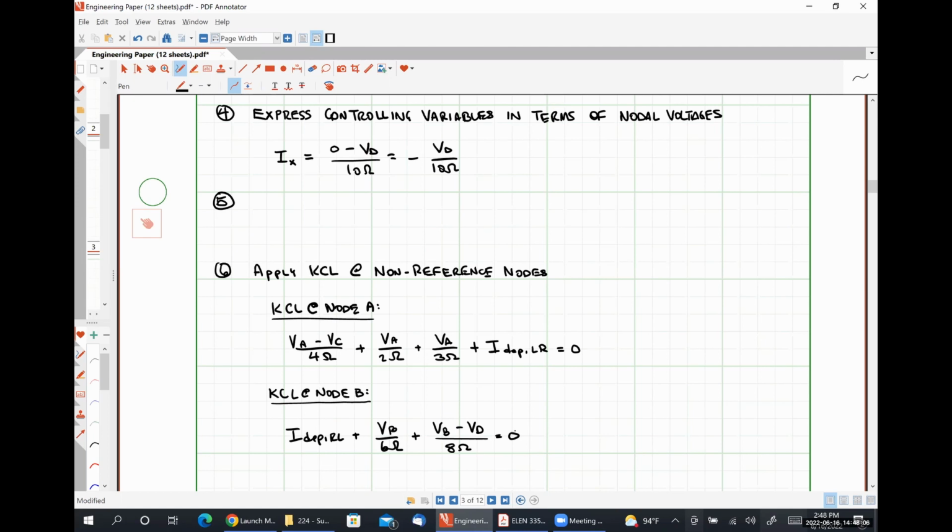These two currents have to be identical, and they have to have opposite signs because they represent the same current flowing in opposite directions. So we're going to add these KCL equations together, because that's going to cause those two currents, I dependent left to right and I dependent right to left, to cancel each other out.